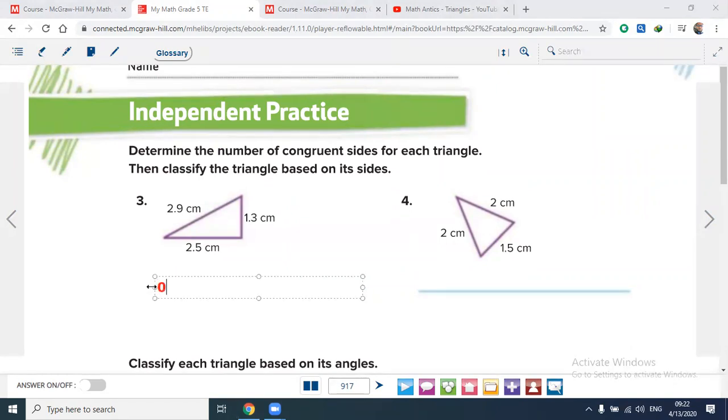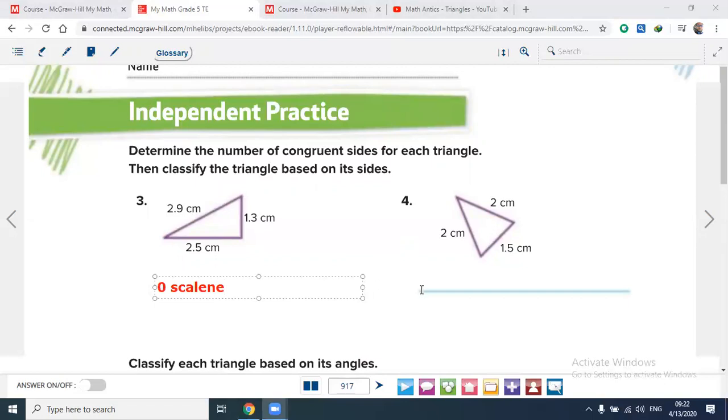If the triangle has no sides equal, it will be what? Scalene triangle. So the number of congruent sides is 0, and the type of triangle based on its sides is scalene triangle.